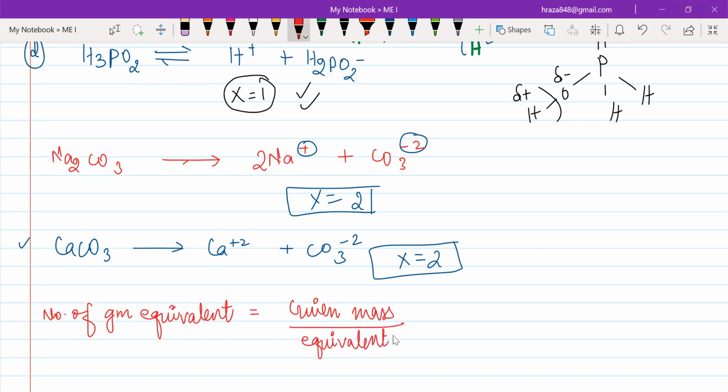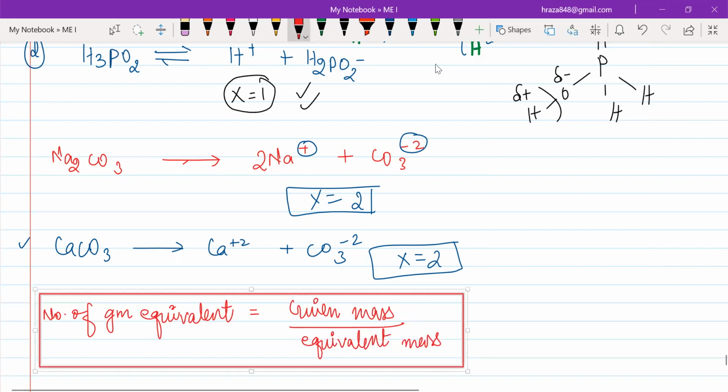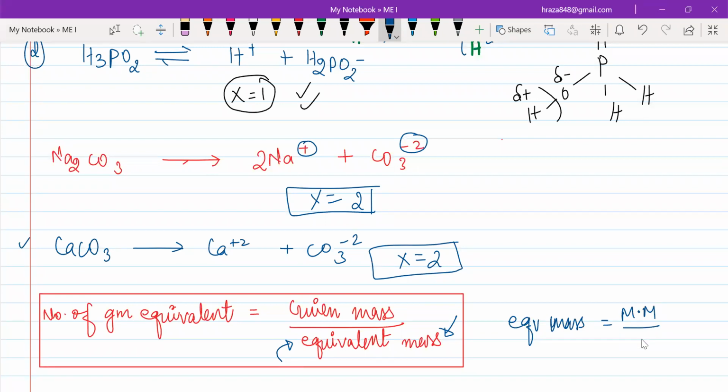So you have to be careful when you calculate the number of gram equivalent, because you need to calculate the equivalent mass of the compound separately and then put the value here. We already know that equivalent mass is equal to molar mass upon x. Is that clear? Anushka, Sakina, are you there? Yes, sir. Please do let me know so that I can change the slide. Yes, sir. Done.